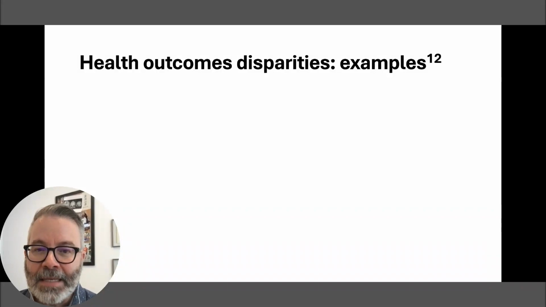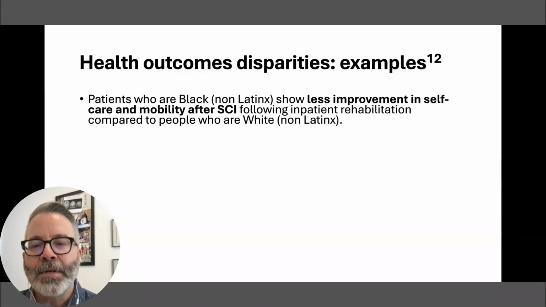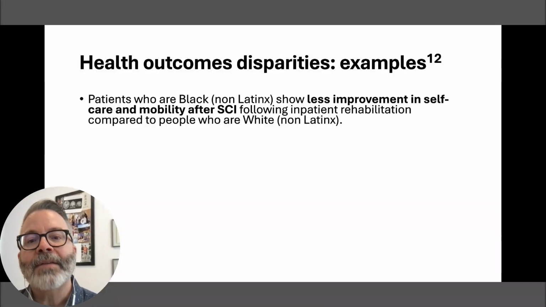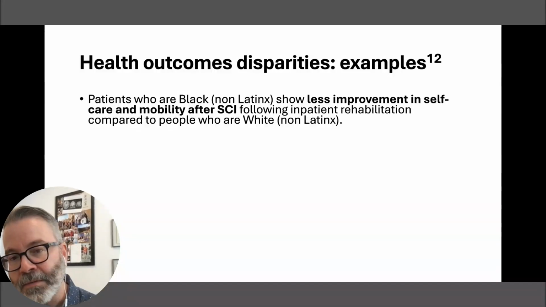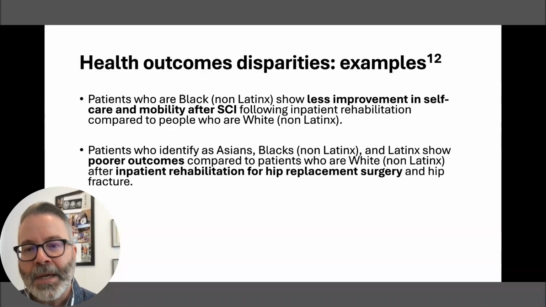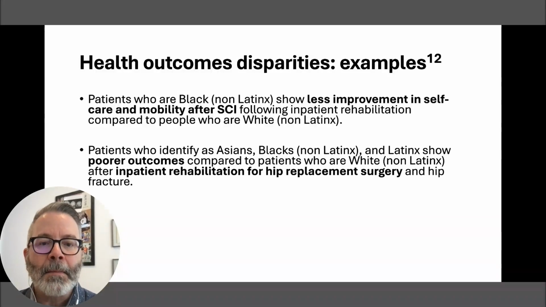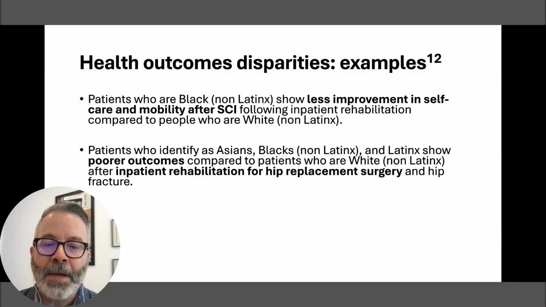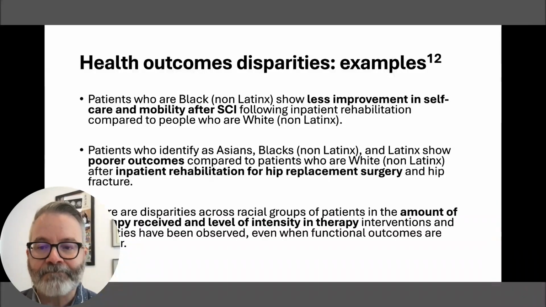Typical examples of health outcome disparities include patients who are Black, non-Latinx, but who show less improvement in self-care and mobility after spinal cord injury inpatient rehab compared to those that are white. Patients who identify as Asian, Black, non-Latinx, and Latinx show poorer outcomes compared to patients who are white, non-Latinx after inpatient rehab for hip replacement surgery.